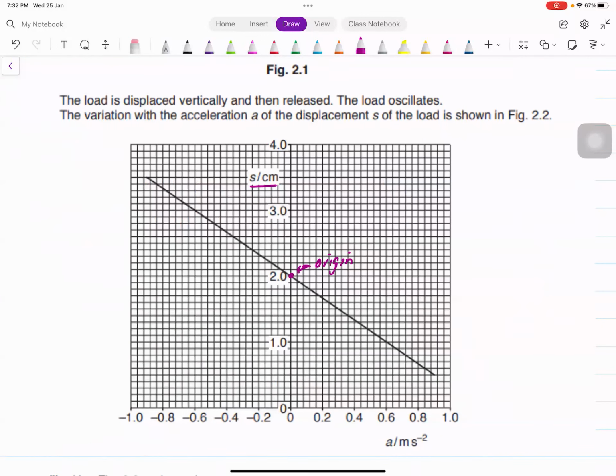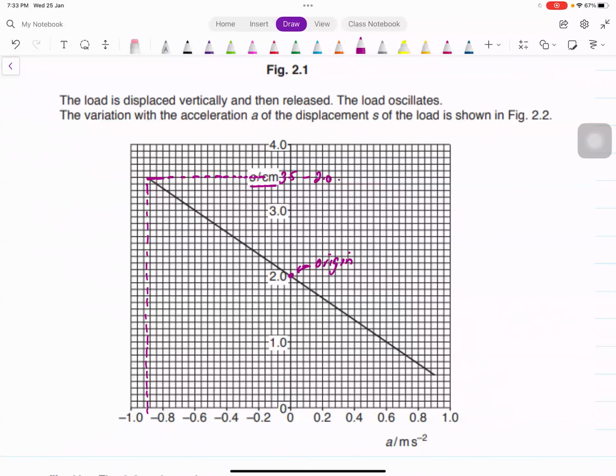Which certainly means that when the acceleration is 0.9, the displacement is not what they have written here. In fact, the displacement is 3.5 minus 2.